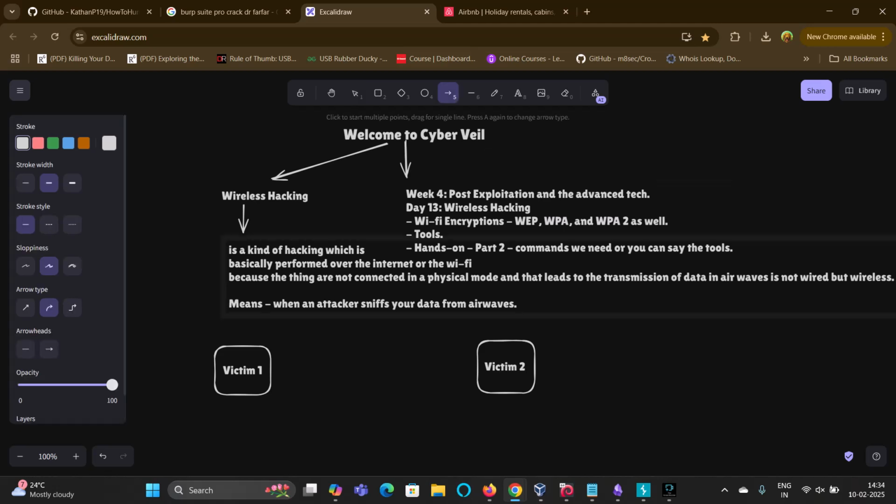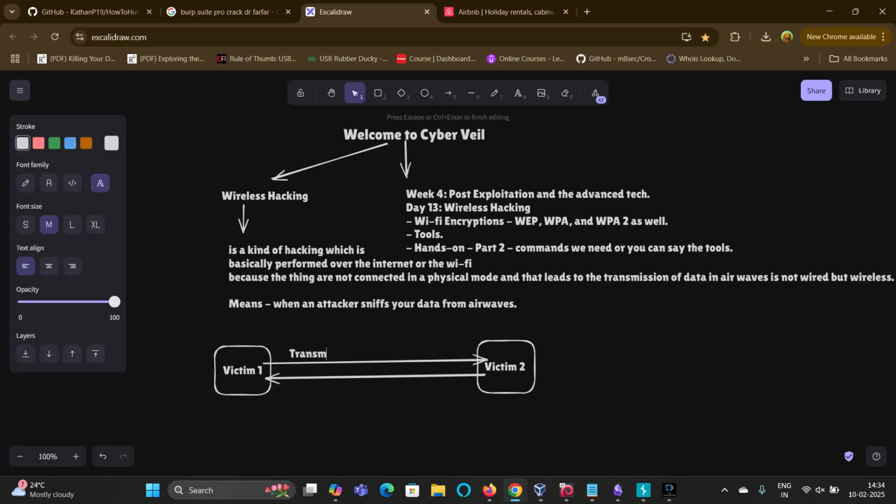While they're transmitting data from one system to another, let's say victim 1 to victim 2, or vice versa, the data is being transmitted from one to another through airwaves, that is, through the internet.